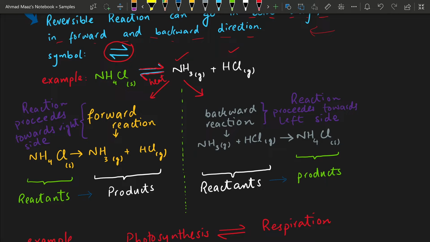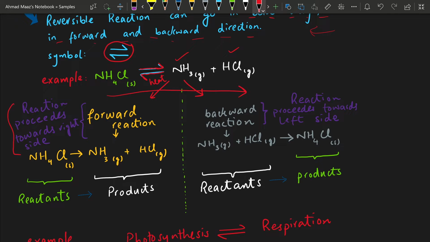This means that it is a reversible reaction. This can proceed both in forward direction and in backward direction. And the forward direction is the reaction towards the right side. For example, this reaction is the forward reaction.